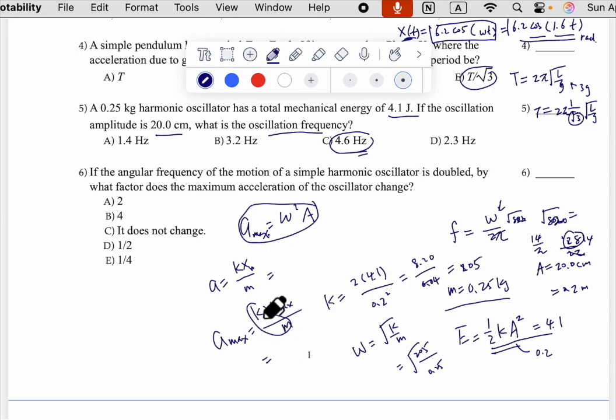K over m is your angular frequency squared, because angular frequency is the square root of k over m. And the maximum displacement is your amplitude. That's it. Now you double the angular frequency, omega doubled. Then the maximum acceleration will be 4 times bigger, because maximum acceleration equals omega squared times A.